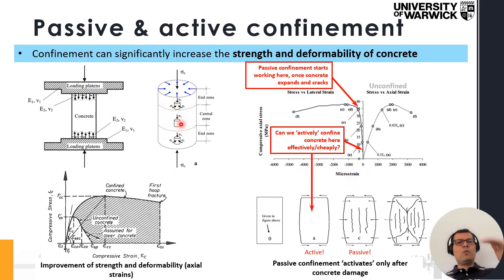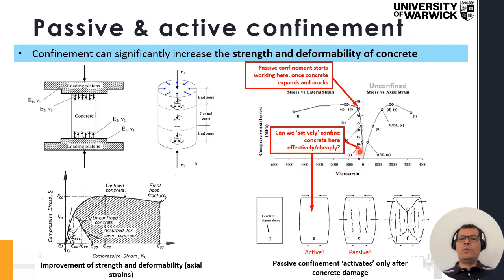But at the end of the day, what we want to get is the stress, which is what I have in this plot in the vertical axis. We have the stress or the strength of the concrete versus the strain. On the right hand side, I have the vertical strain. That's how much the cylinder deforms in the vertical direction, and this is what we use in design. And then on the left, I have the lateral expansion, the lateral deformation of the cylinder.